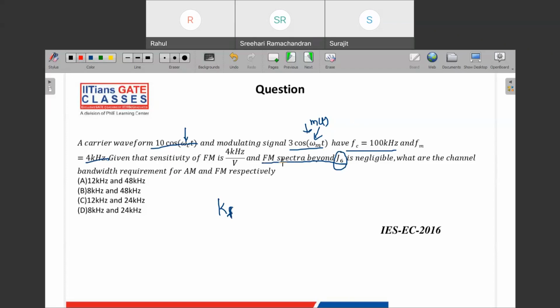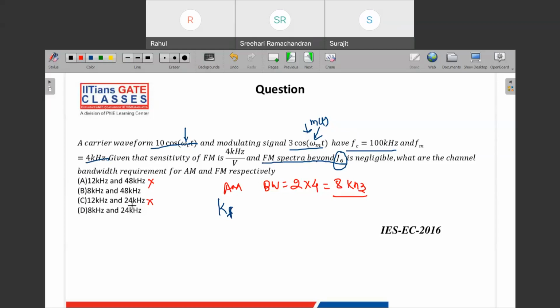So in the case of amplitude modulation, the bandwidth is given as twice the bandwidth of the message. And in this case, message is 4 kilohertz. So it will be simply 2 into 4, which will give us 8 kilohertz. So this option is wrong and this option is wrong. Now we need to find out which option of B and D is correct.